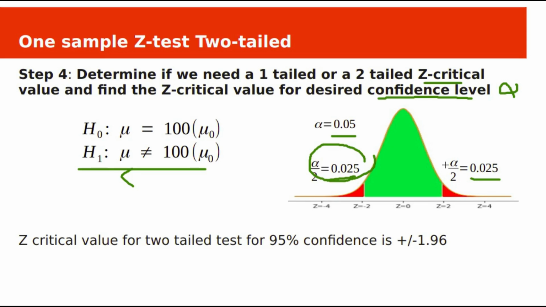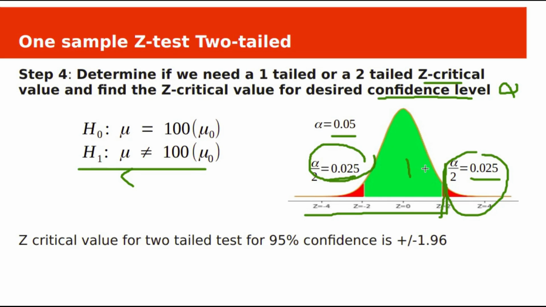To find the Z critical value for the right side, since we are using a Z table filled from minus infinity to the Z value, we need to find the cumulative probability up to this point. From here, we have alpha 0.025 in this right tail. The total area under this normal curve is 1.